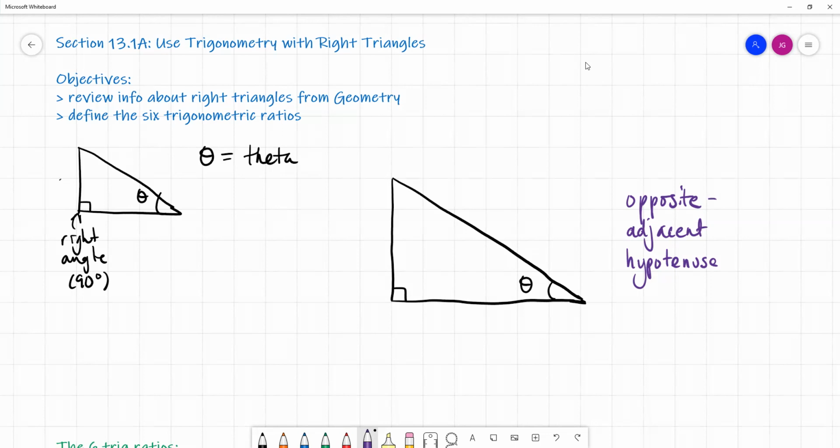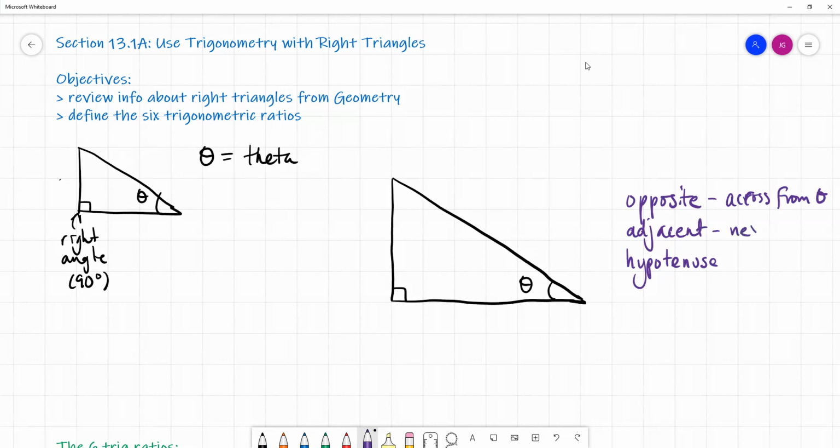Well, the opposite side is called the opposite because it's across from theta. This is an R. That looks like a C, but it's an R. So across from theta.